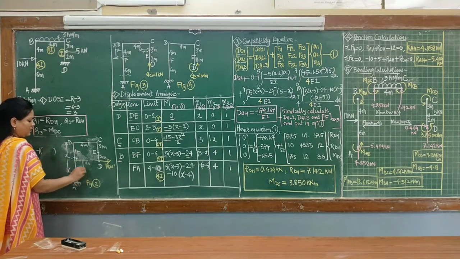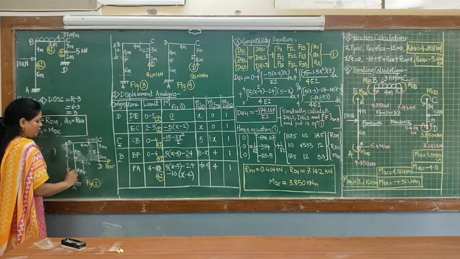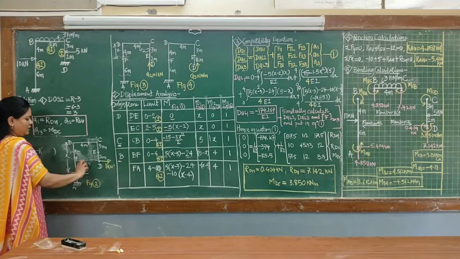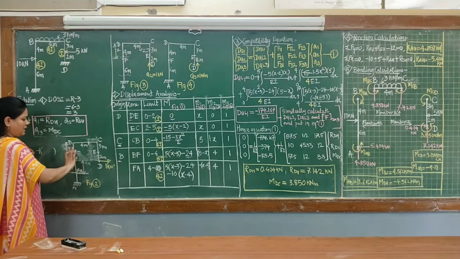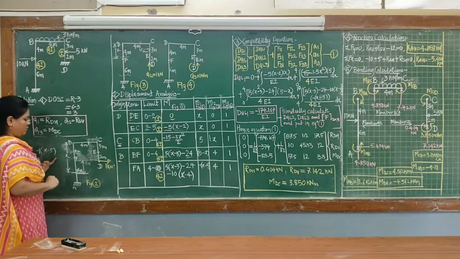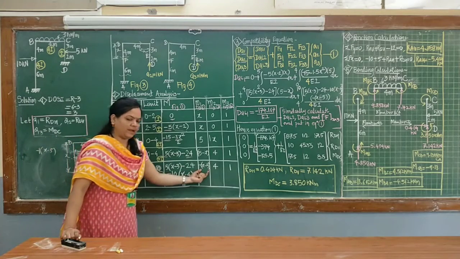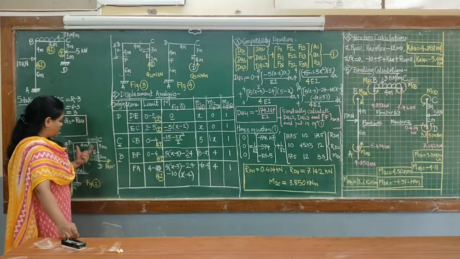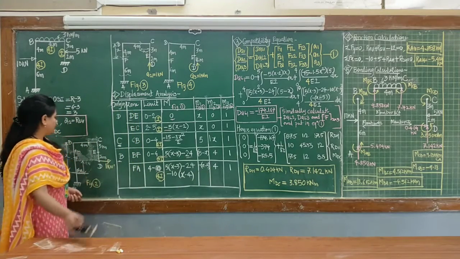What we want is the perpendicular distance between the 1 kilonewton and the section line. Here this perpendicular distance can be calculated as total x minus 5. So that moment is written here, minus in bracket x minus 5. Okay, so here figure number 2 is also completed.